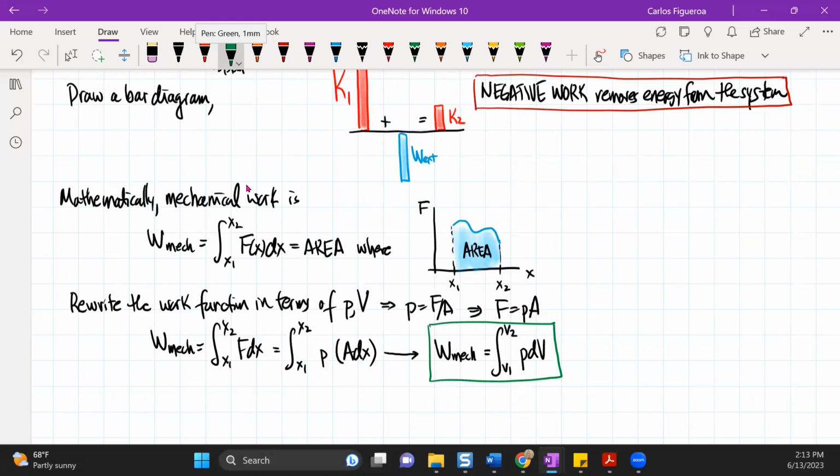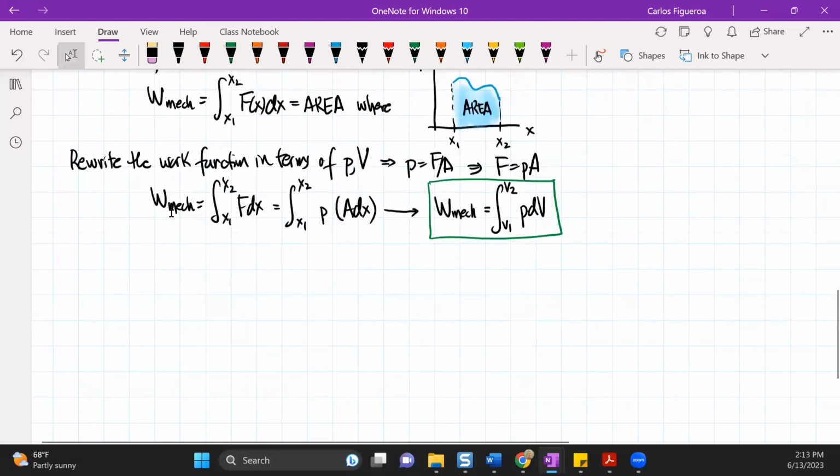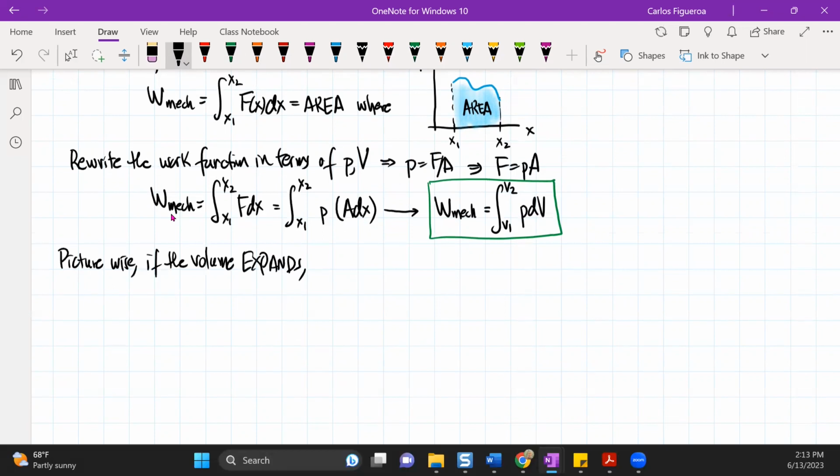of a piston head. So picture-wise, what does this mean here? If the volume expands, it's the piston head that moves upwards.